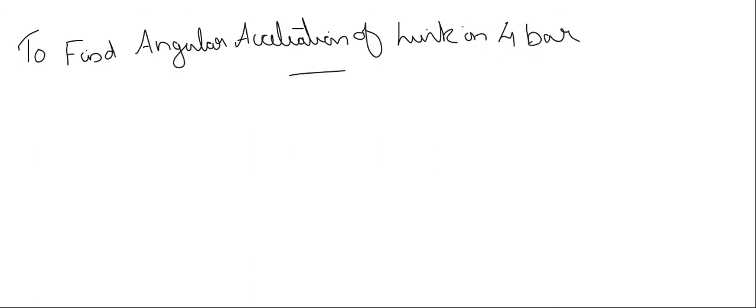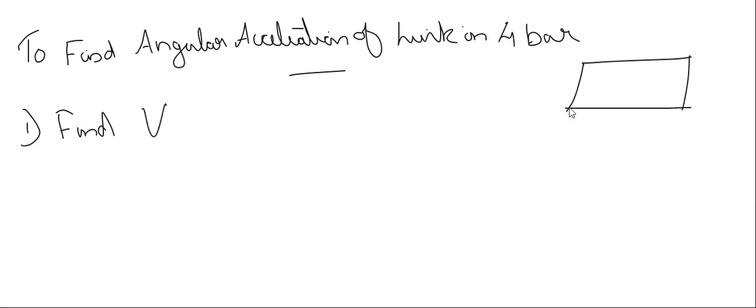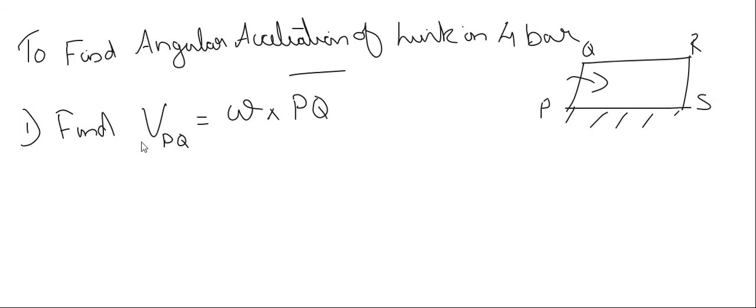First, find the velocity of the crank. In our case, if our mechanism was P, Q, R, S, then PQ will be the crank. First find V of PQ from the given omega times length PQ. So that will be the first thing.